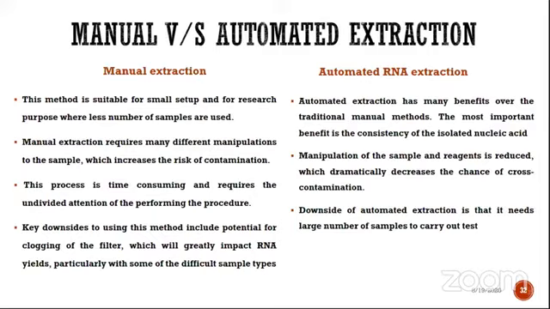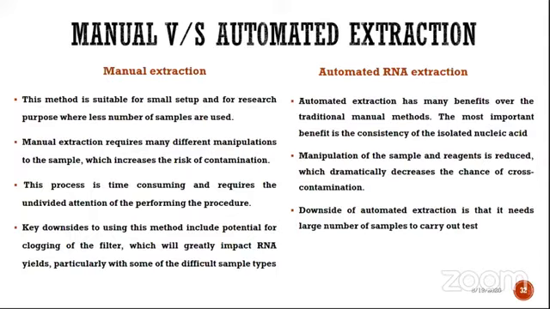If we have a large number of samples, we need an automated extraction machine, because by using manual extraction it is very difficult to deal with 92 samples, since we are making batches of 92 samples.